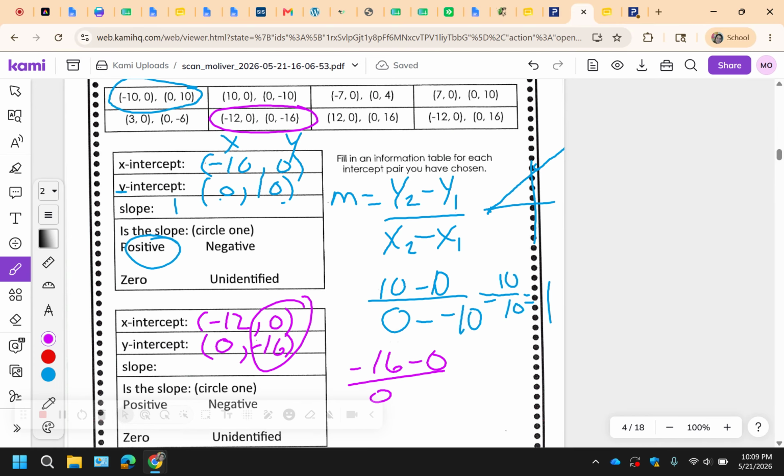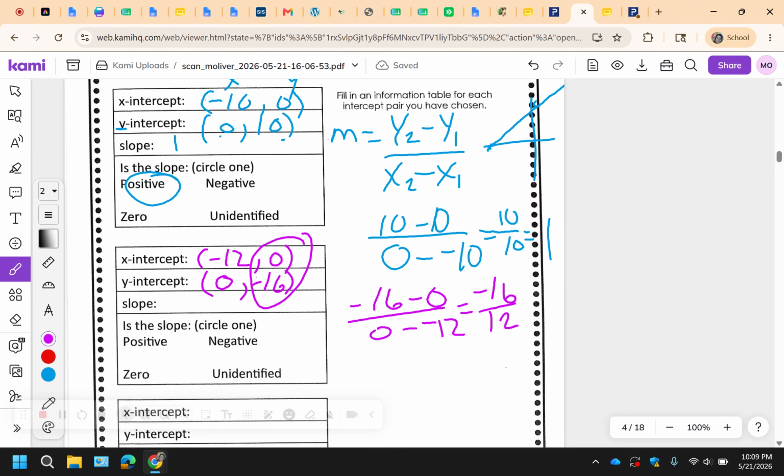And then 0 minus negative 12. So we get negative 16 over a positive 12. And then the slope is always in reduced form. You can divide both by 4 to get a negative 4/3 as your final slope. And that is a negative slope.